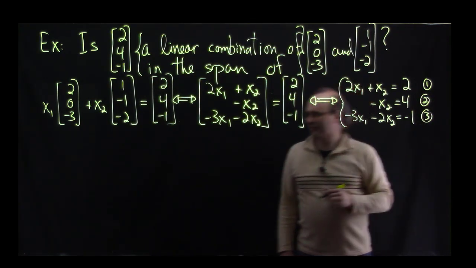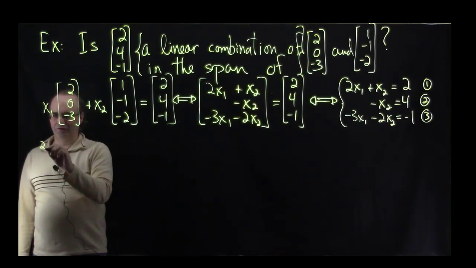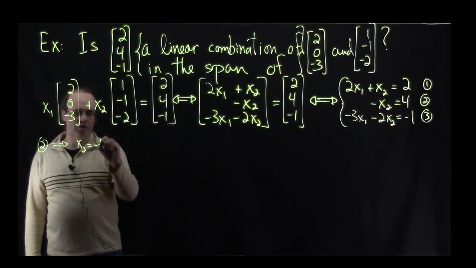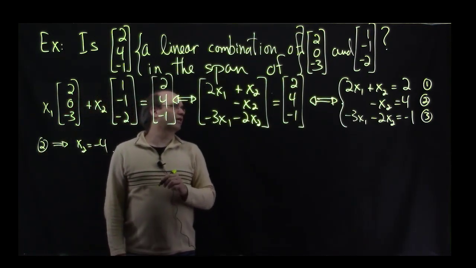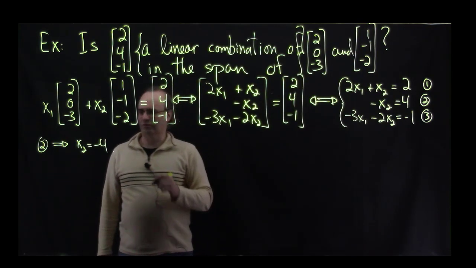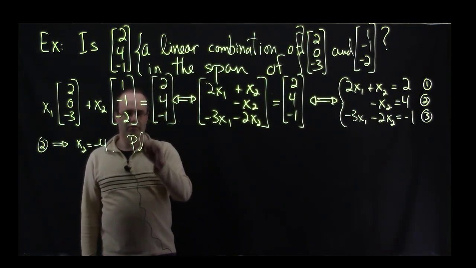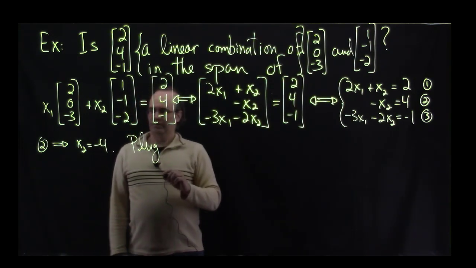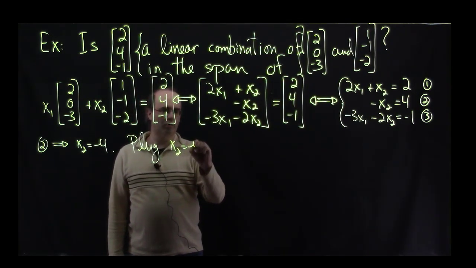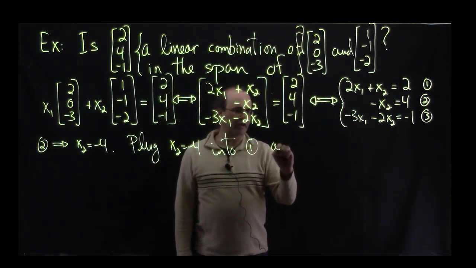So right from the second equation, we get that x2 should be equal to -4. So I can plug x2 = -4 into equations 1 and 3.